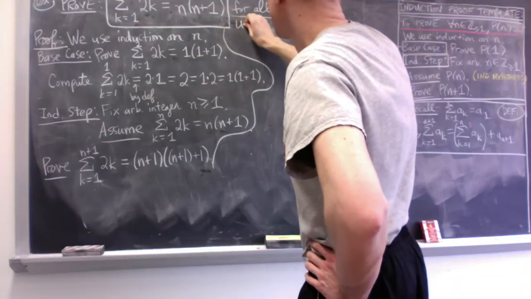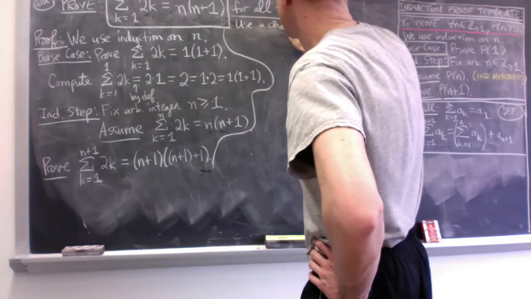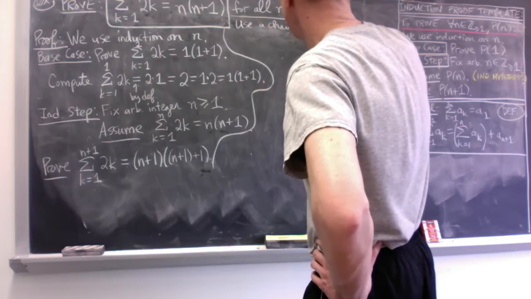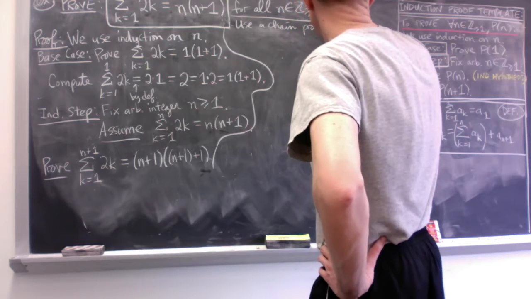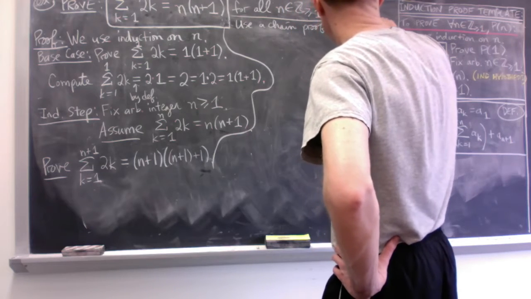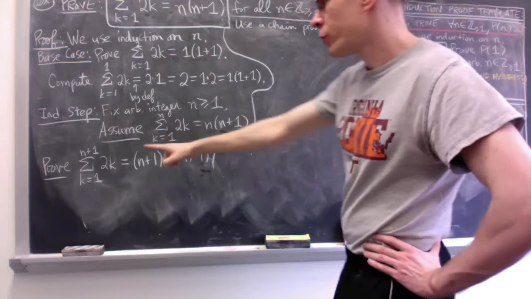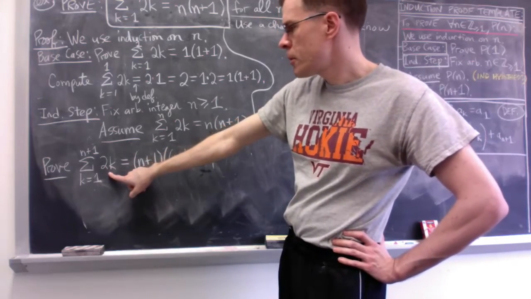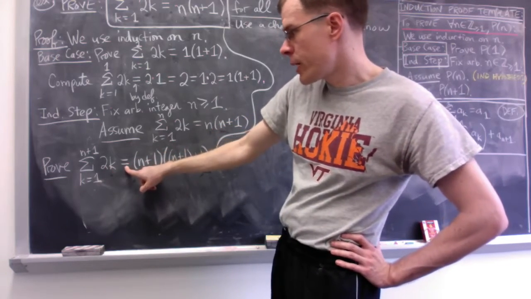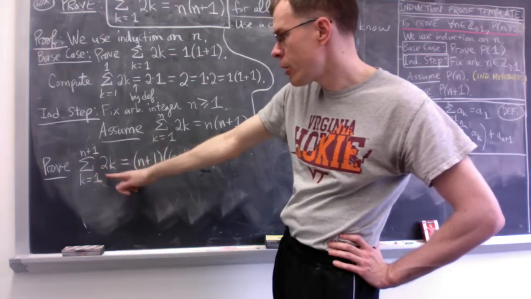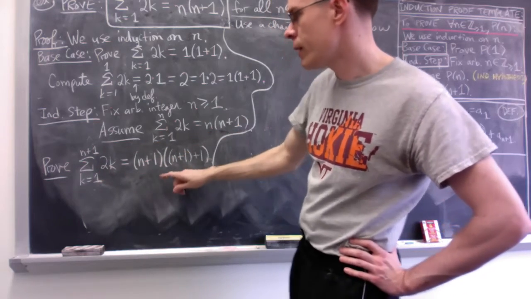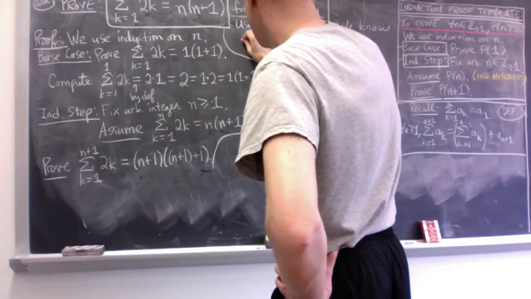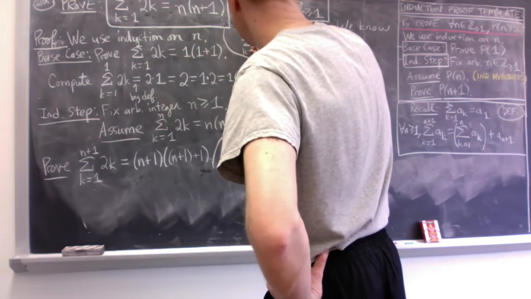So say use a chain proof, a chain of equalities. And we can say something like, we know, and what we're going to do, we're going to start with the left side of the goal, and not say this, which isn't known yet. We're going to start with the left, do stuff we do know, until we hopefully reach this. And every step should have some kind of a reason.